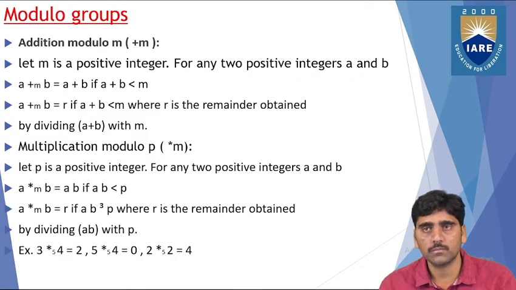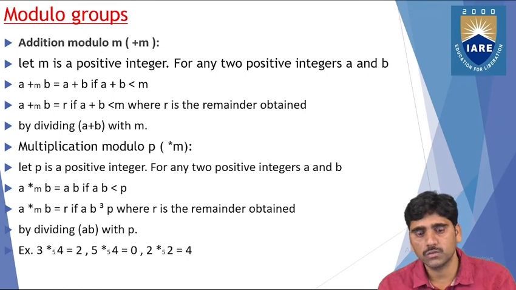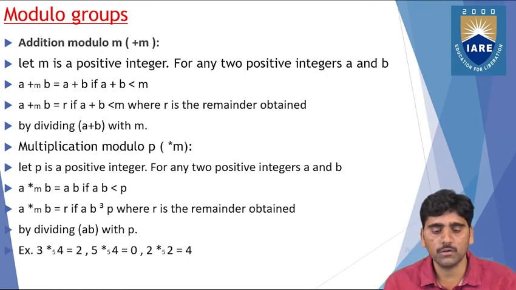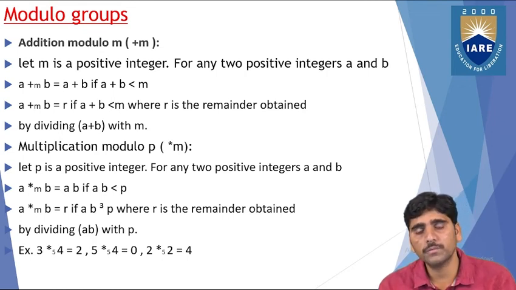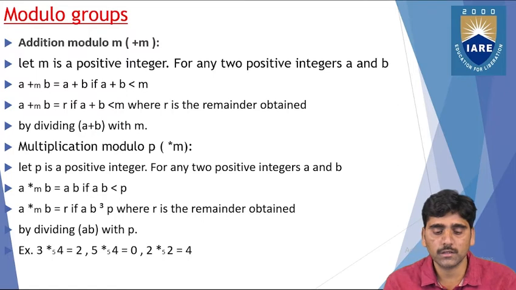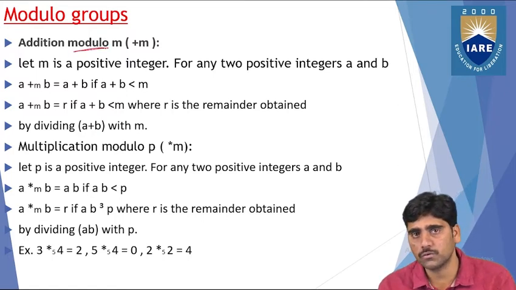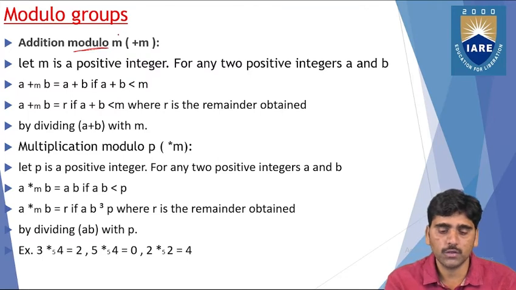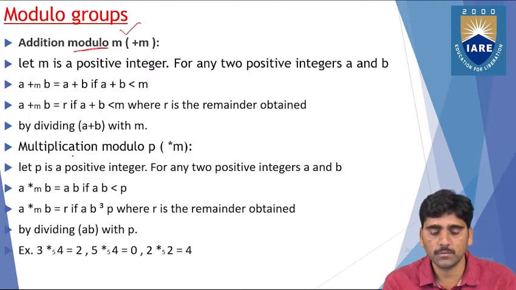And next one is modulo groups. In modulo groups, the operations are performed on numbers and the remainders become the modulo values. Those remainders are nothing but modulos, we know that. Modulo groups can have two types: one is addition modulo and the second one is multiplication modulo.